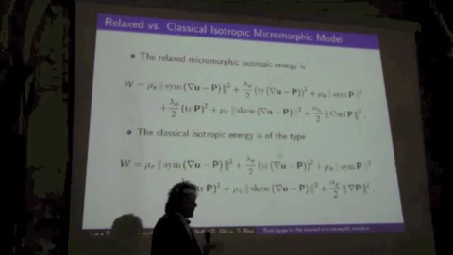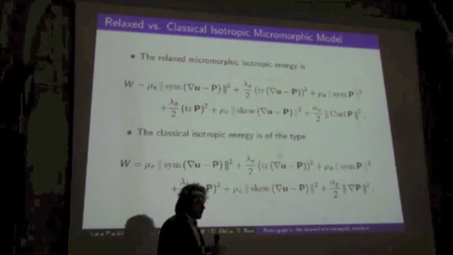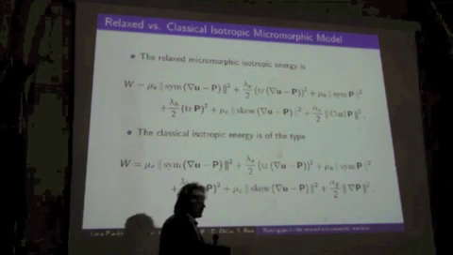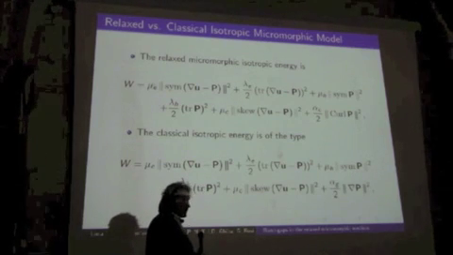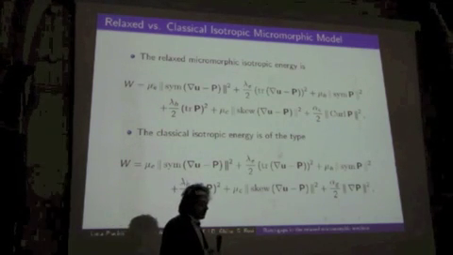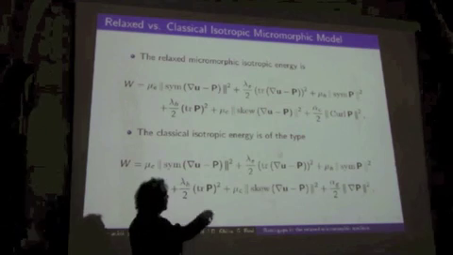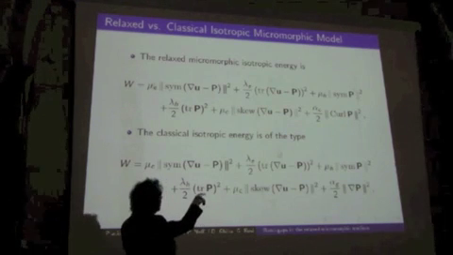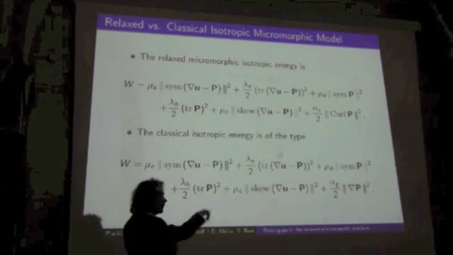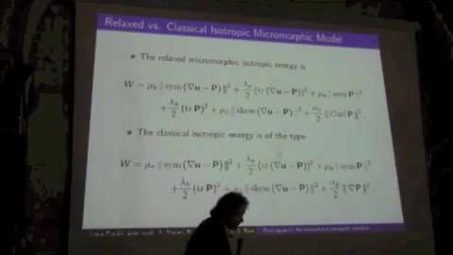So the relaxed micromorphic isotropic energy is the first one. In the second case, we have the classical one. You can see that the difference is just in the last term, in which instead of the gradient of P squared, we have the curl of P squared.